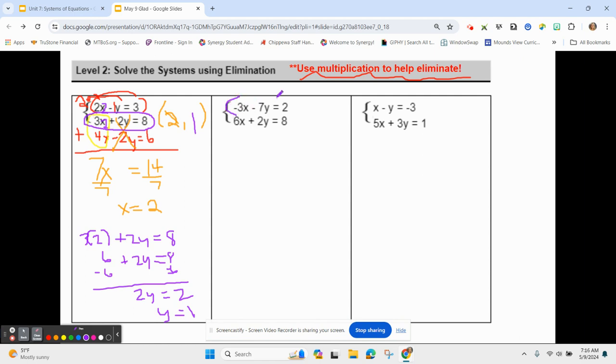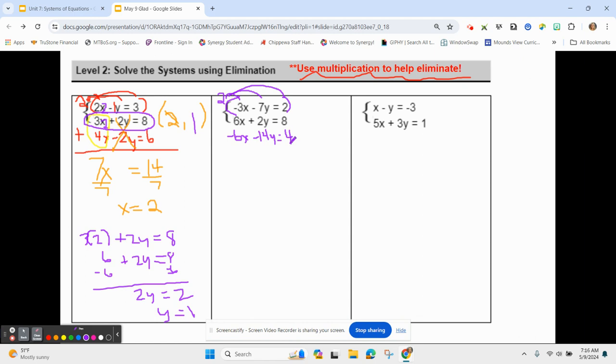So I'm going to take this top equation and I'm going to multiply everything times 2. I already like that there's a positive and a negative here, but by me multiplying times 2, I'm going to flop that to -6x. 2 times a -7 gives me -14y, and that is equal to 2 times 2 is 4.